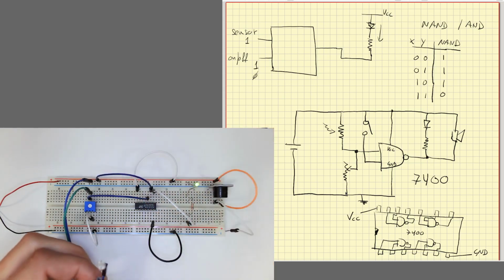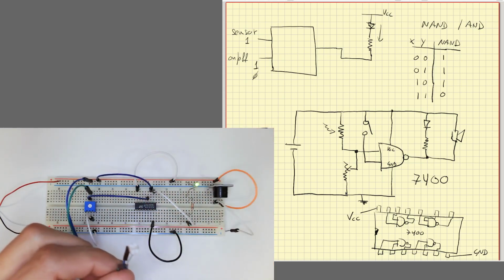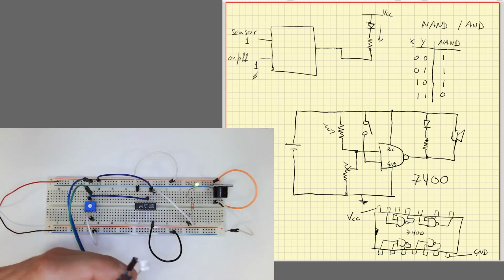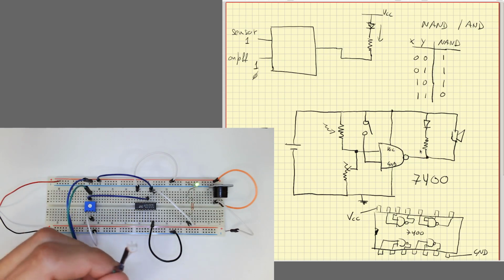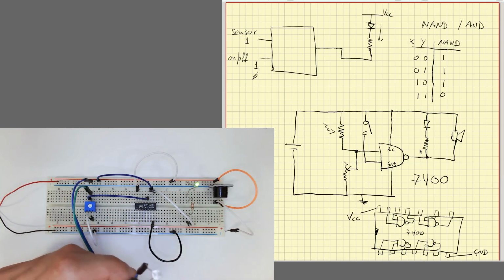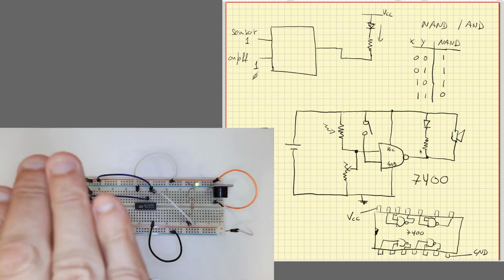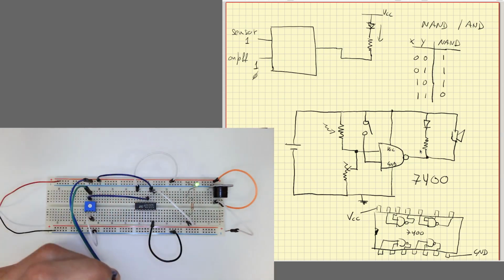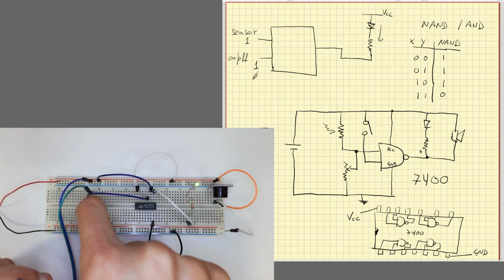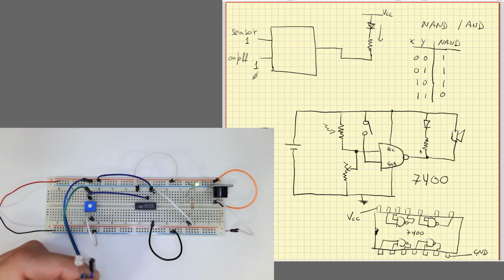When there's light, it's 1. In this case, because it's a NAND, the output is 0, and it will give me a signal. So it will detect when there's light. If there's no light, it will not detect. And again, I can adjust the sensitivity with the potentiometer.